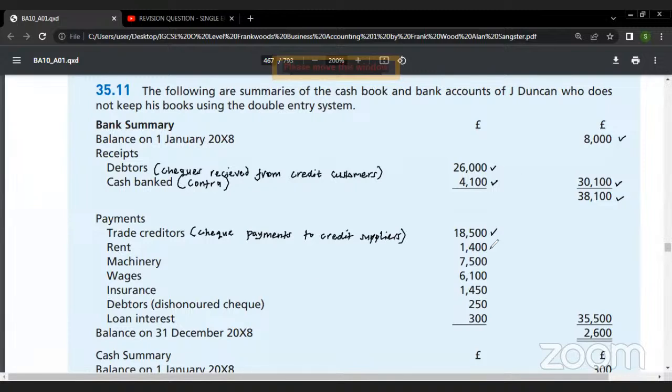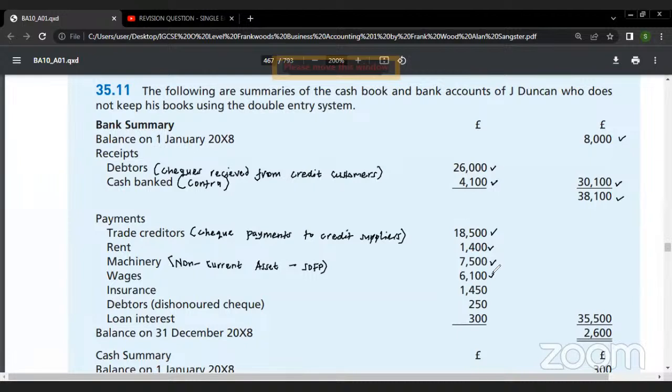Then rent, that is 1,400. Machinery, 7,500. Don't forget that machinery is a non-current asset. So Duncan during the year purchased machinery, a non-current asset. Don't forget, this is to be taken to the statement of financial position, and of course, we have to calculate depreciation.